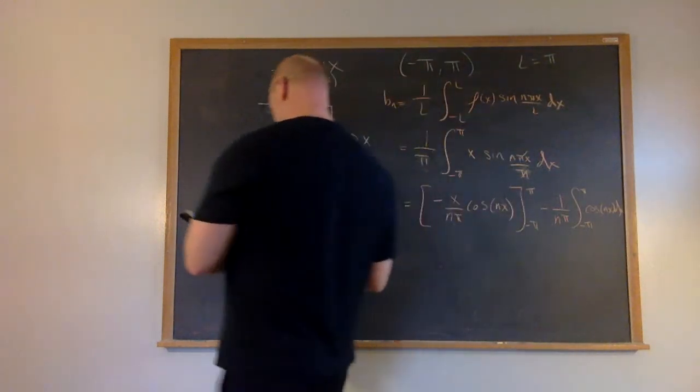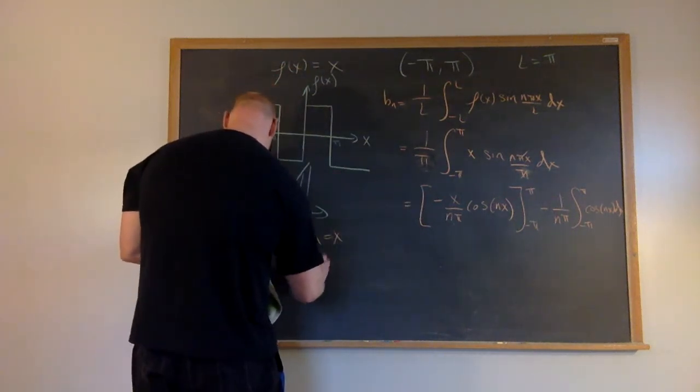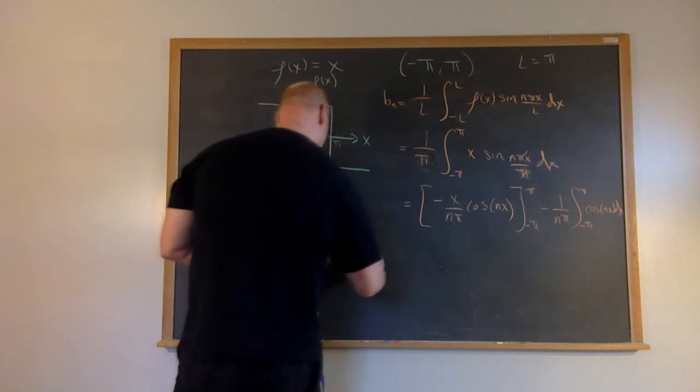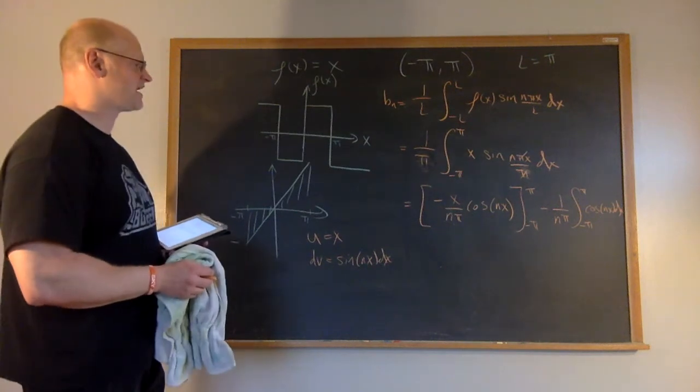Like I said, I'm using integration by parts. So here I'm setting u equal to x, and dv equal to sine of nx dx. So that is this.